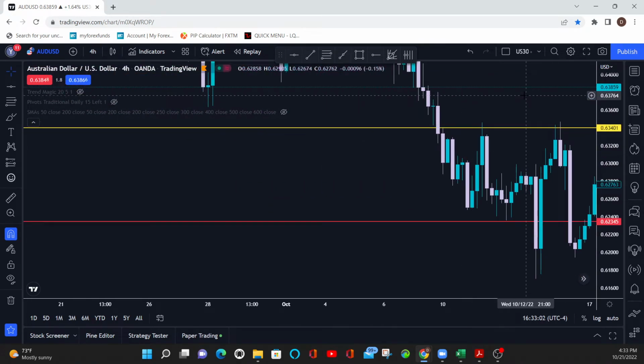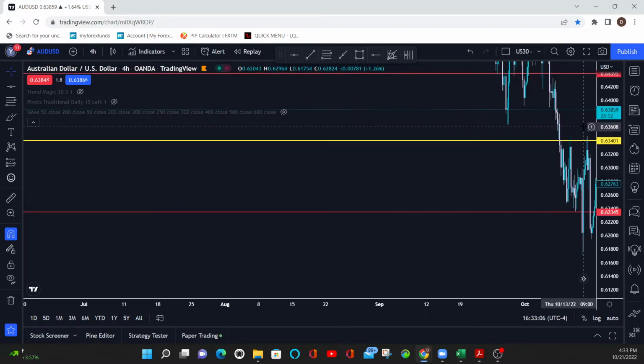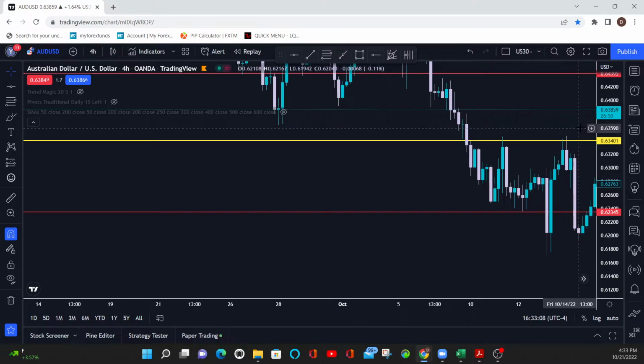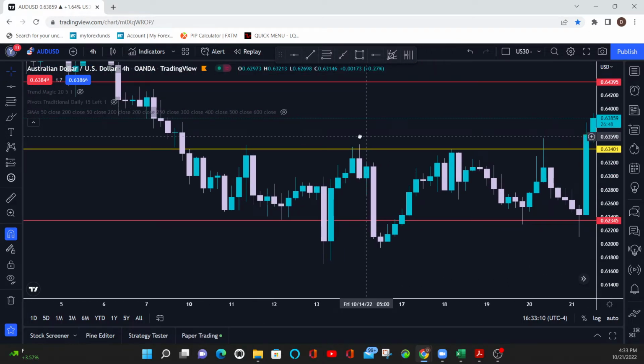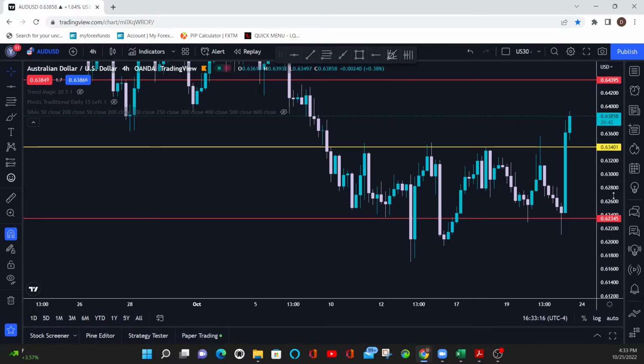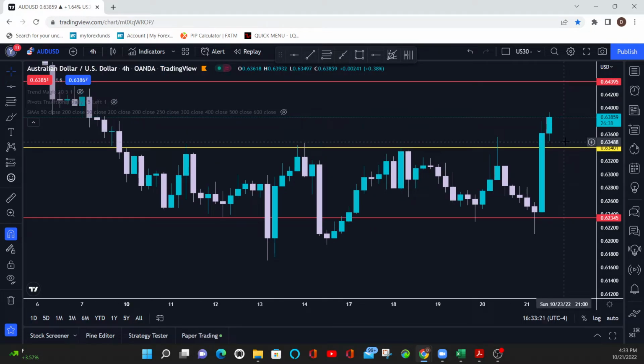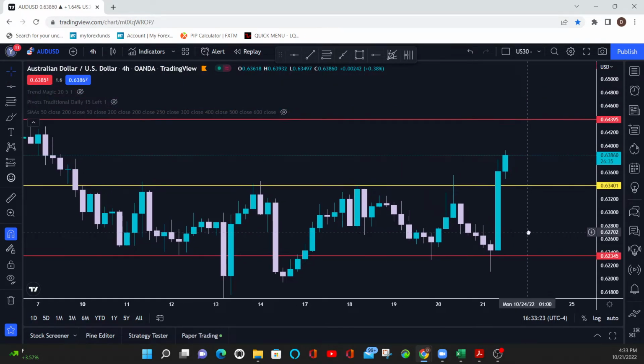I lied. I didn't mean it like that, but if it's a level, it's going to be a level no matter what. It just may not be as strong of a level on a smaller or higher time frame. So I need to correct myself.